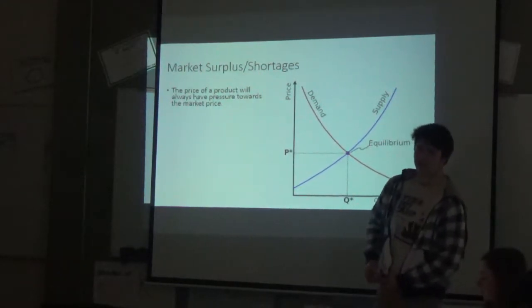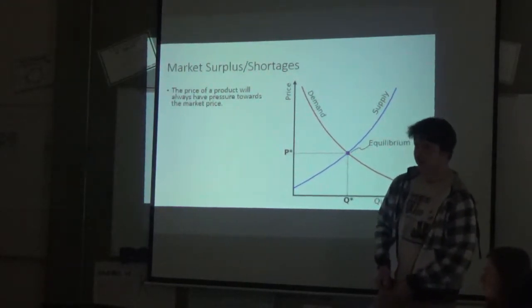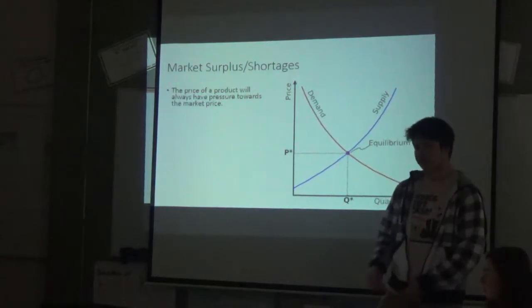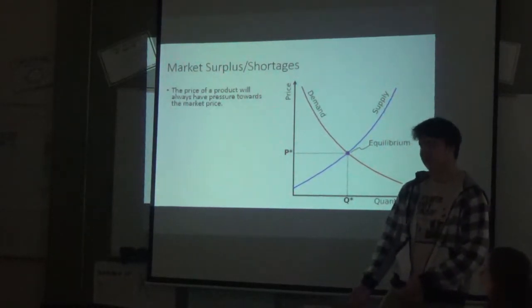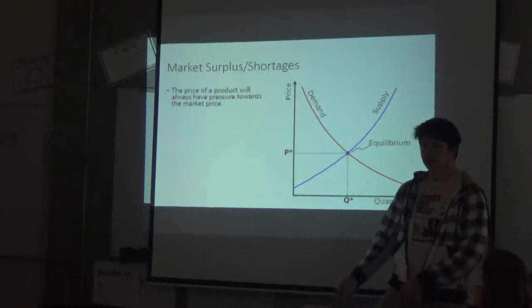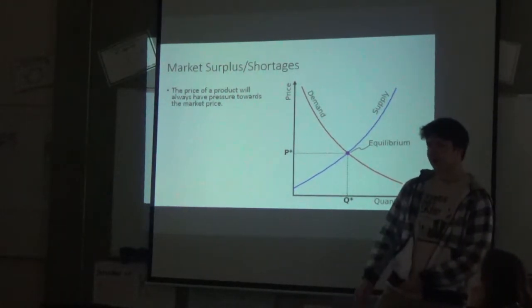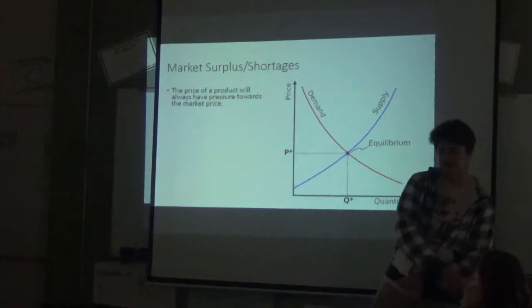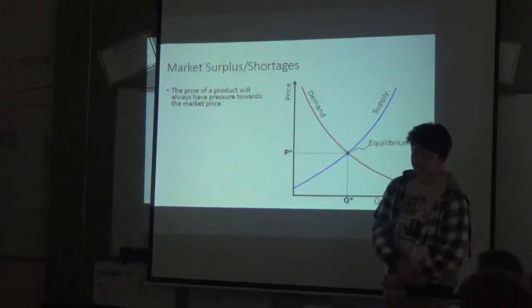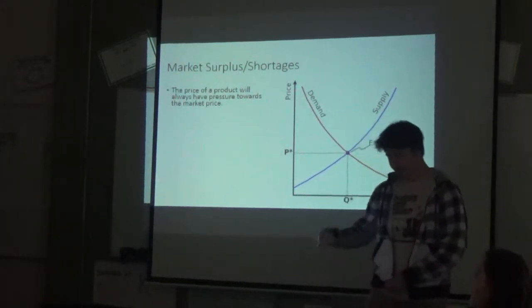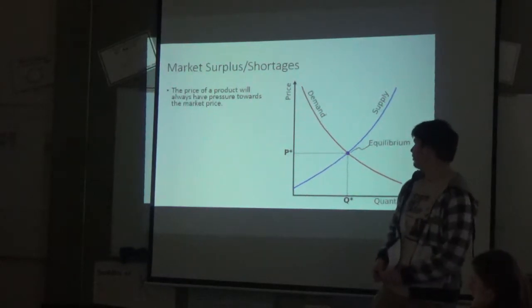This is going more into the buyers and sellers market, where if there are, say, 20 toothpaste sellers, each one has a different kind of toothpaste, they're going to market to the buyer. They're going to say, my toothpaste is cheaper than this guy's toothpaste, you should buy mine because it's a better deal. And that causes pressure towards the market price.